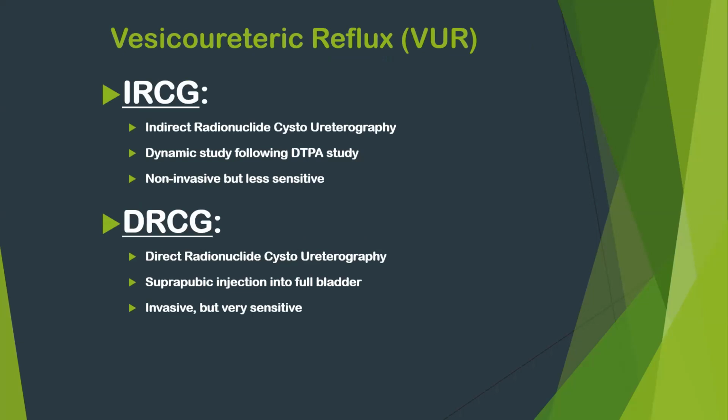So VUR can be evaluated by two methods. One is the indirect radionuclide cystourethrography, which is done by the DTPA study. It is non-invasive but less sensitive. And the most sensitive is the DRCG, in which we do the suprapubic injection into the full bladder. It is invasive but very, very sensitive.